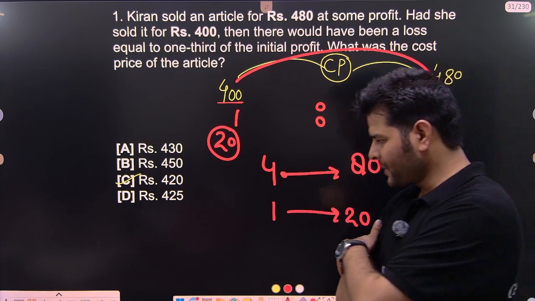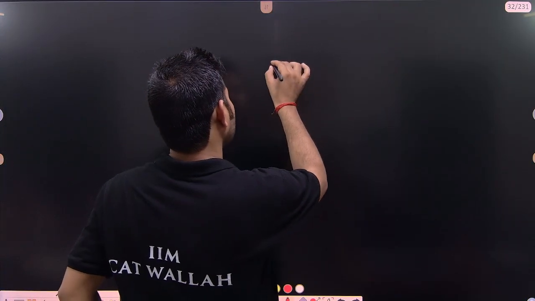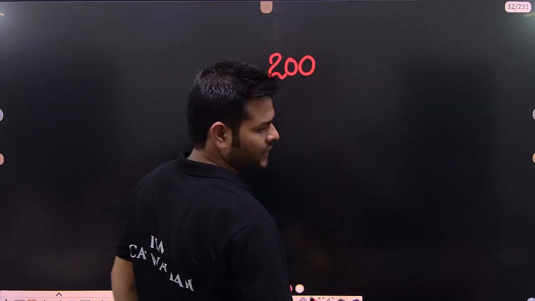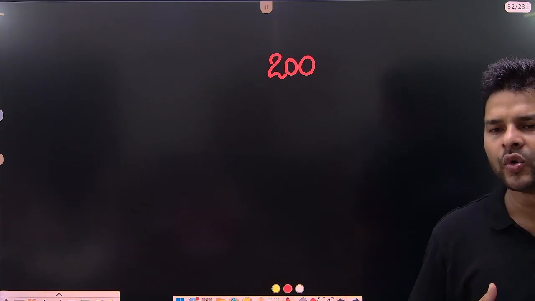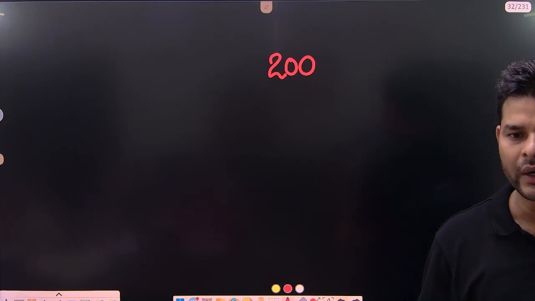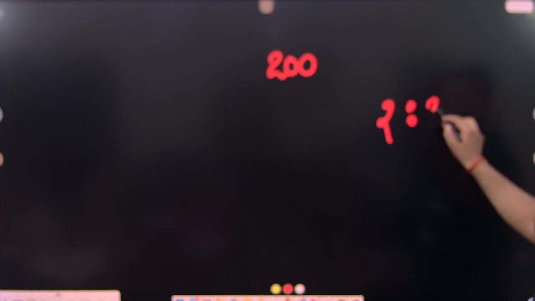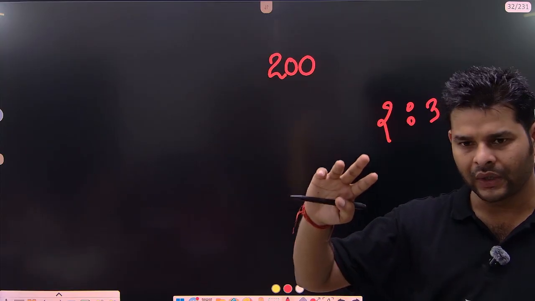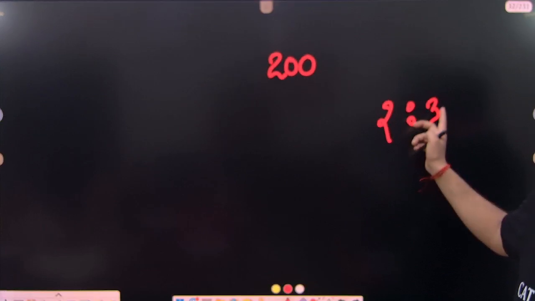Guys, if you have any doubt, let me explain once more. Suppose I have rupees 200, and I want to divide that 200 in the ratio 2:3. I want to give 40% of this 200 to someone and 60% to the other one.